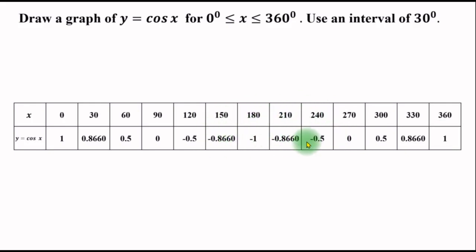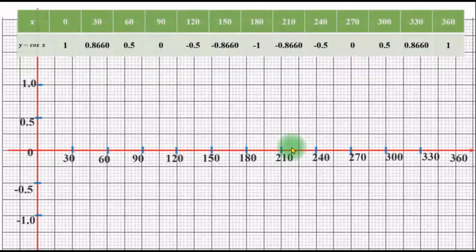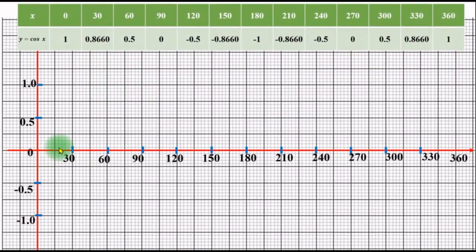Now we need to plot these points on a graph. So here we have the graph already. I'm still using the same scale, so it's a matter of drawing. When x is 0, y is 1, so we plot that particular point.